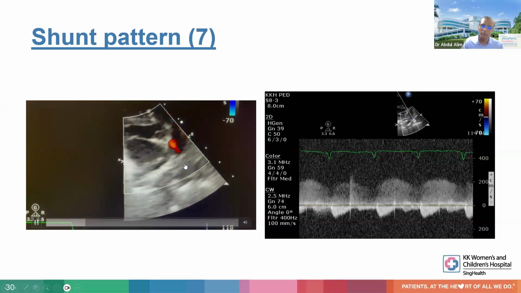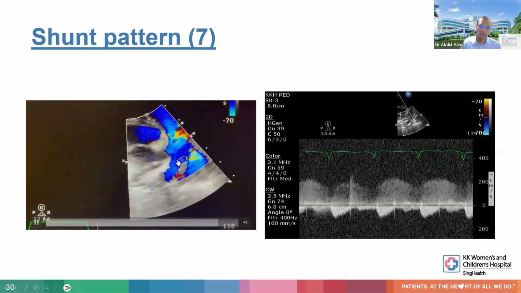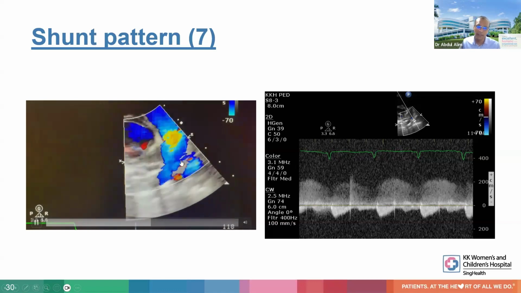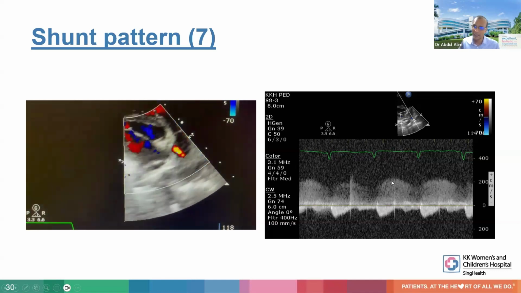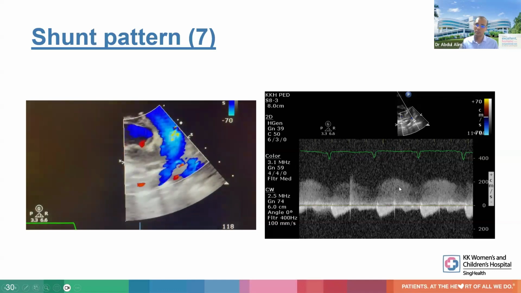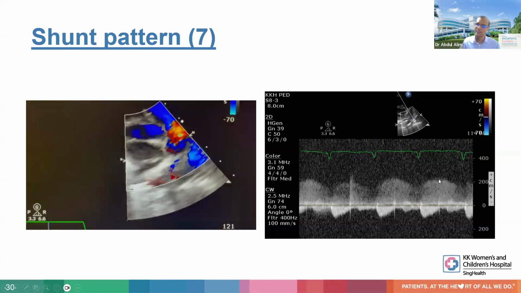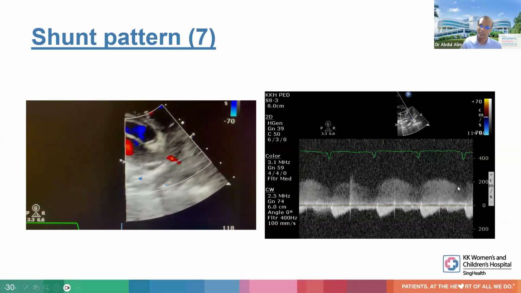So it's a tiny PDA, but it's still useful to Doppler it. It is a bit challenging, but if you manage to get a continuous wave Doppler, you see a slightly low velocity, but continuous, both in systole as well as in diastole. You are getting 2 meters per second in systole and about 1.8 or 1.9 meters per second in diastole.